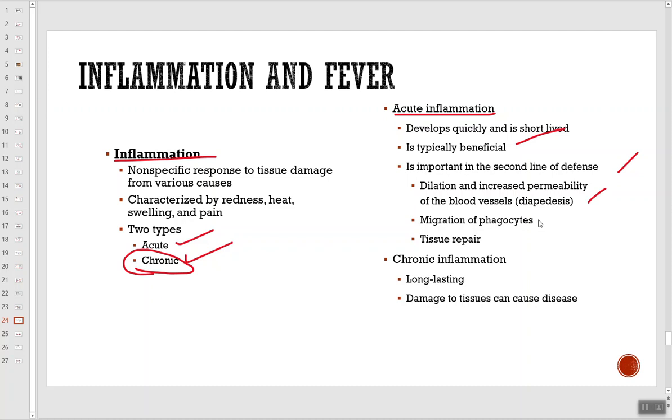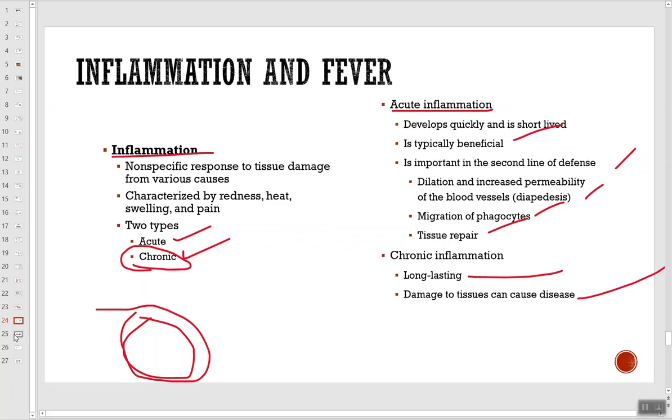Amongst the things that are coming out of the blood, besides the white cells, we won't see any red cells there typically, but we will see clotting factors, and we will put a blood clot around the damaged area to keep the bad guys from spreading. Chronic inflammation is not a good thing.